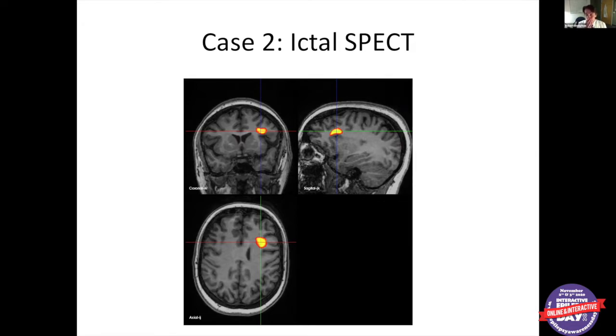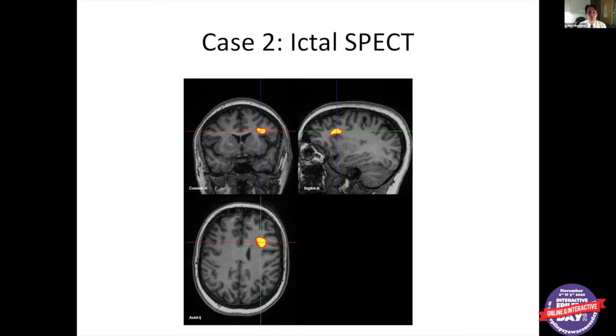But this is where you can get burned by SPECT because, one, it takes a lot of seizure activity to generate these blood flow changes. And no matter how good we are at injecting, it takes time to get the injection in, to get the flush in, to get at least a few circulatory passes for this stuff to bind. So we could be looking at where seizures spread rather than where they start.